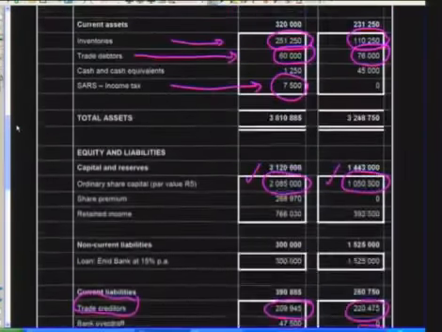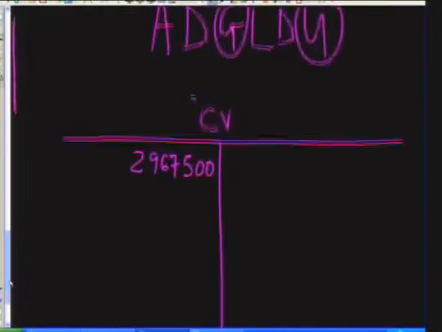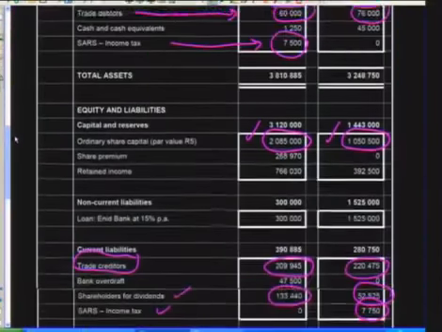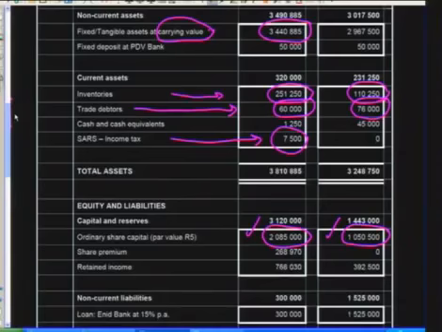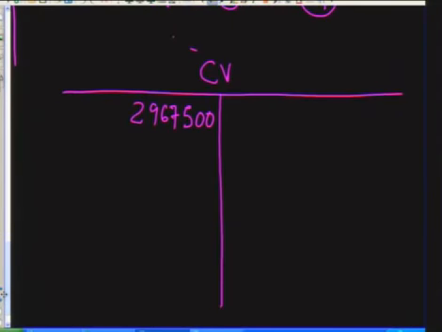Let's find my closing balance here. My closing balance is 3,440,885.